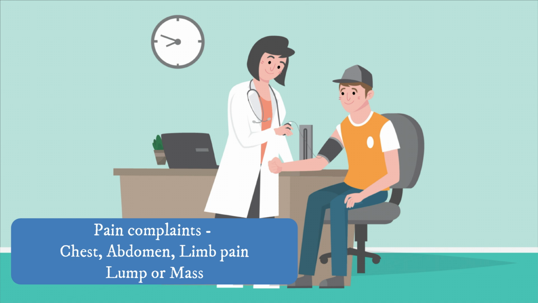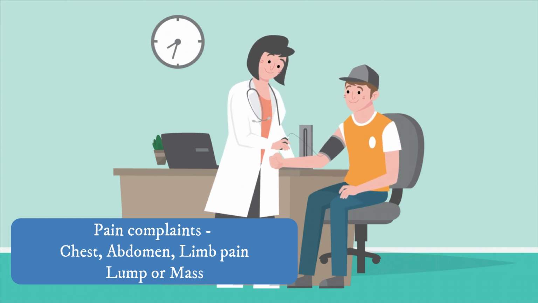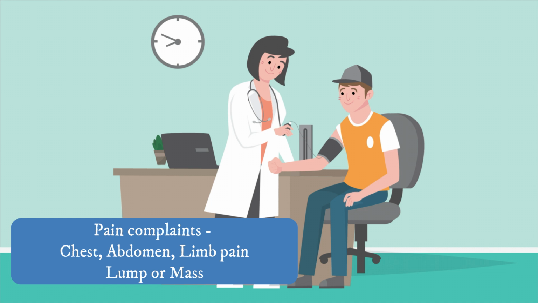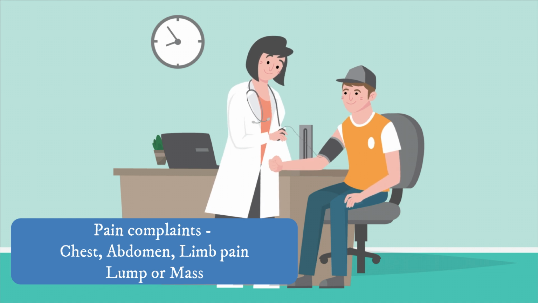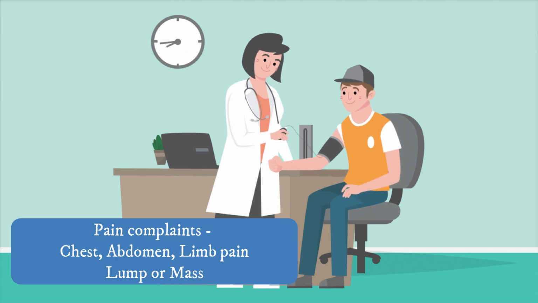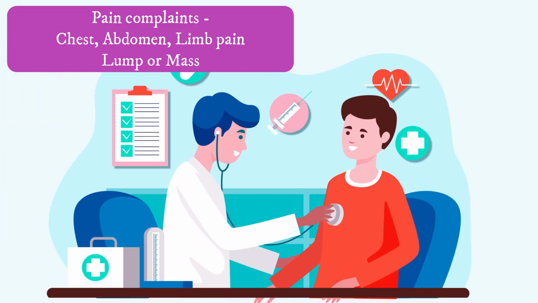Let me explain. Let's assume that we have an abdominal pain symptom. So you have used the ABCDE approach and you have used the red flag and routine approach. So after these two approaches, sometimes you might miss one or two diagnoses, and that's when this approach will be very helpful. So what you do is you try to visualize the cross section of abdomen.